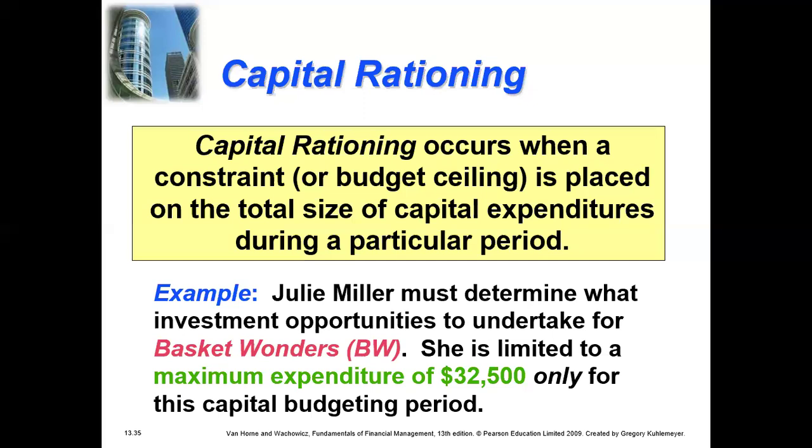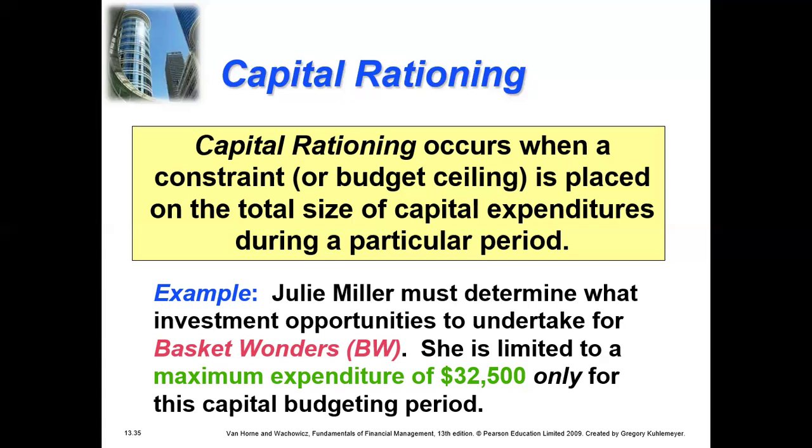Capital rationing. The concept is that it occurs when a constraint or budget ceiling is placed on the total size of capital expenditures during a particular period. It means whenever you have a limited budget, limited resources, your cash is limited, or overall your budget is tight, you have some constraint.